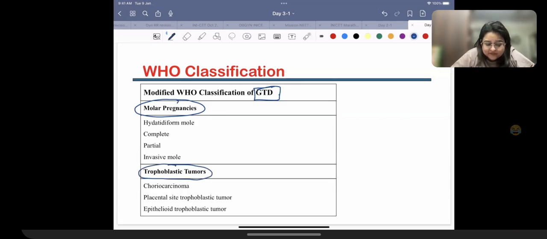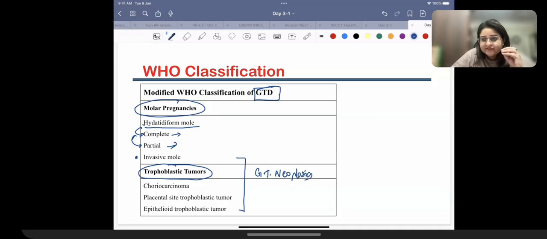In molar pregnancies, you basically have hydatidiform mole. This is complete mole and partial mole. So there are two types of molar pregnancy, complete mole and partial mole. And then there is a separate type called an invasive mole. Invasive mole is actually a neoplasia. So if you club all these four together, these are actually gestational trophoblastic neoplasias.